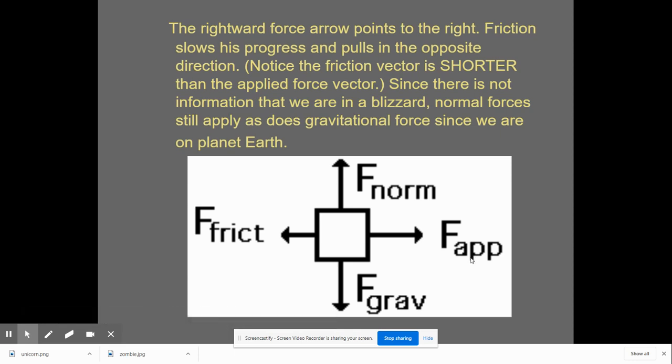This is where we're building on that idea of balanced and unbalanced forces. So we have an unbalanced force situation here, and that means I have a net force, and that means I'm going to have acceleration. And then there's our gravity and our normal force.